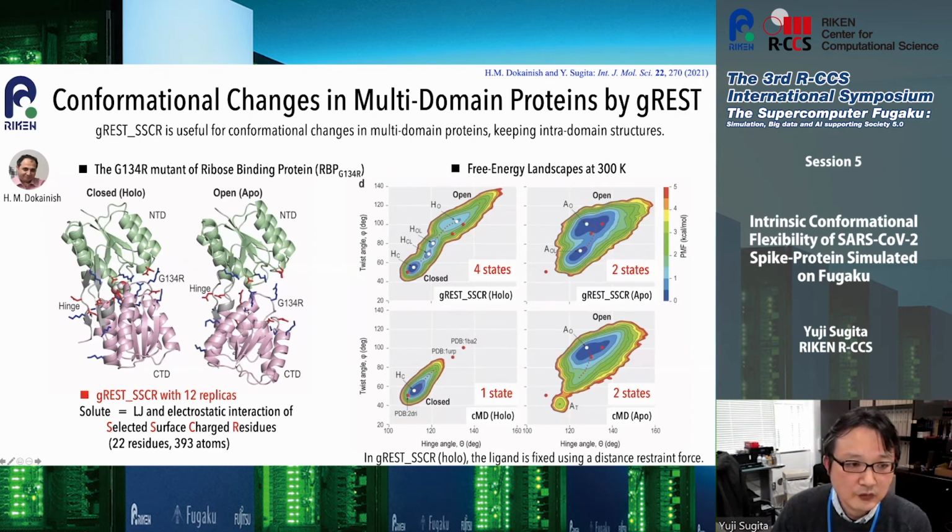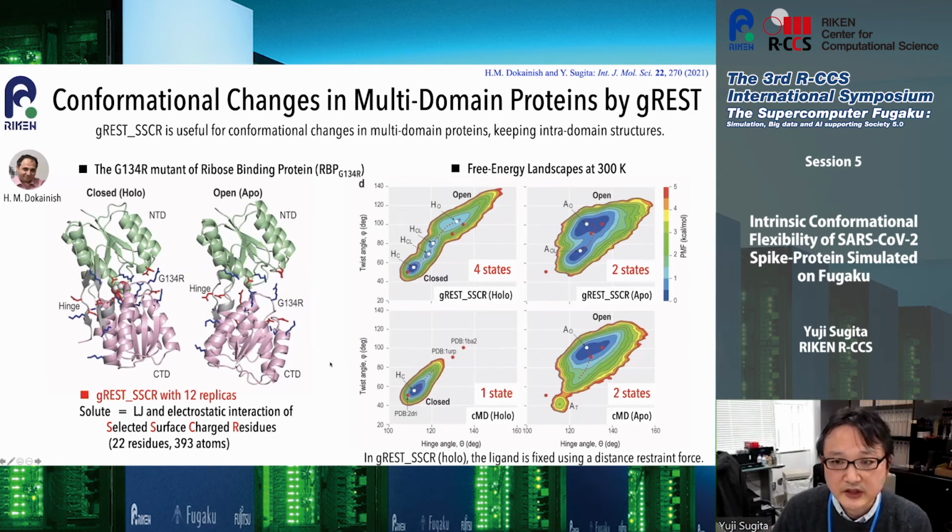And here, we selected the solute as the Lennard-Jones and electrostatic interaction of surface charged residues. Here, this ribose binding protein is what we are using as an example. We just selected only a few charged surface residues as the solute region, so only 393 atoms are selected as solute.